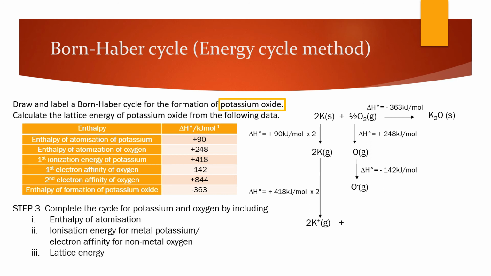Okay, so -1 oxygen ion is not what we want. We want it to become O2 minus, remember, to achieve octet. So how to make it into O2 minus? You need to undergo second electron affinity. So O minus ion need to receive another 1 mole of electron to become O2 minus ion.